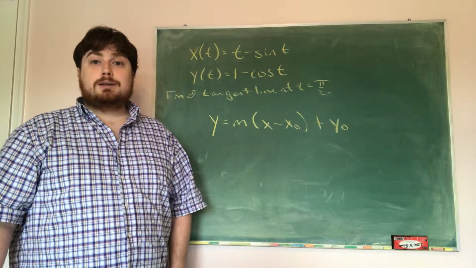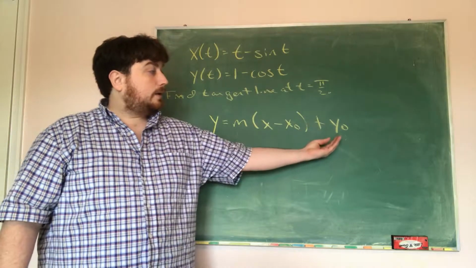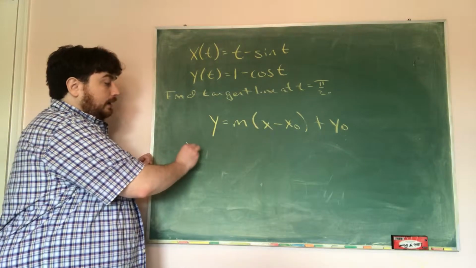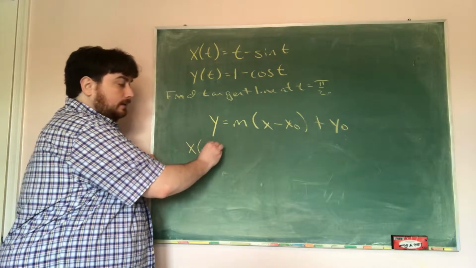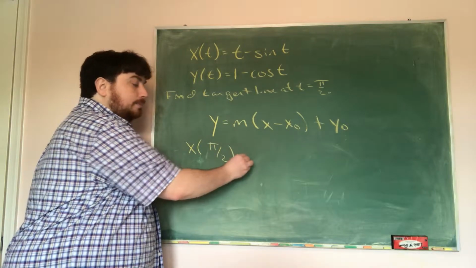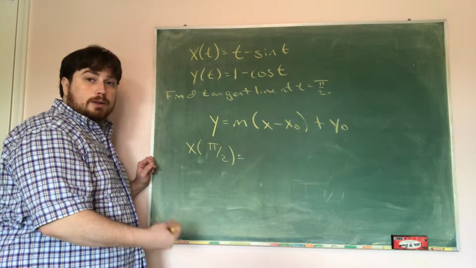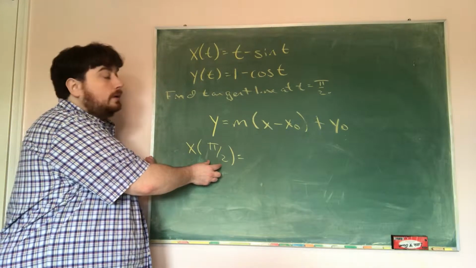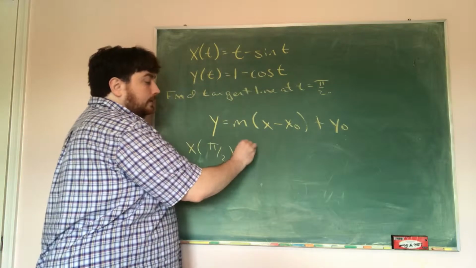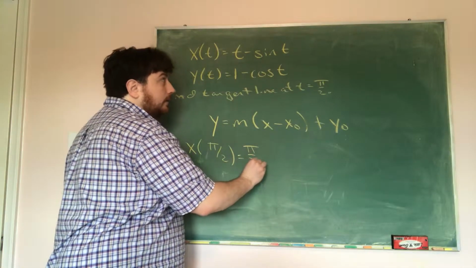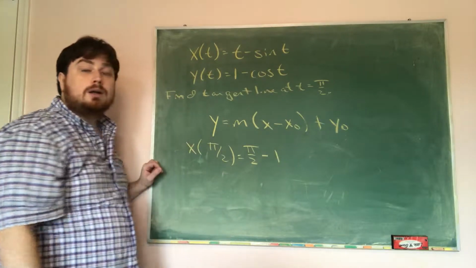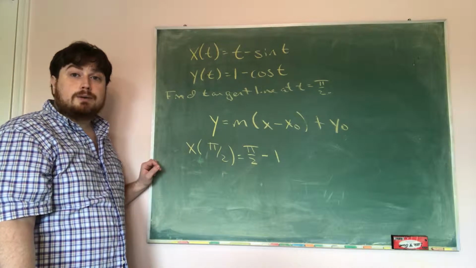Now, in this case, in order to find my x naught, y naught, what we saw was that we had to find the x value at the time t equals pi over 2. So what we're really doing is we're saying x naught is going to be x of pi over 2, and so we're going to plug pi over 2 into here, and I get pi over 2 minus sine of pi over 2, which is 1, so my x naught will be pi over 2 minus 1.